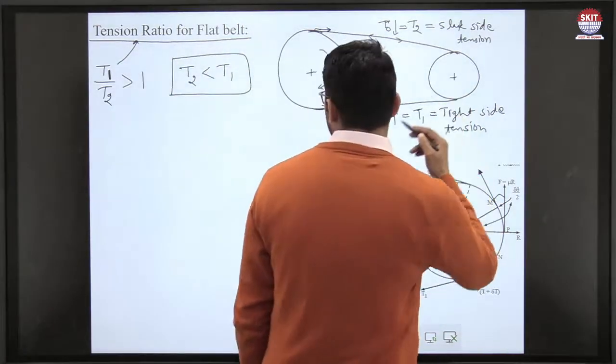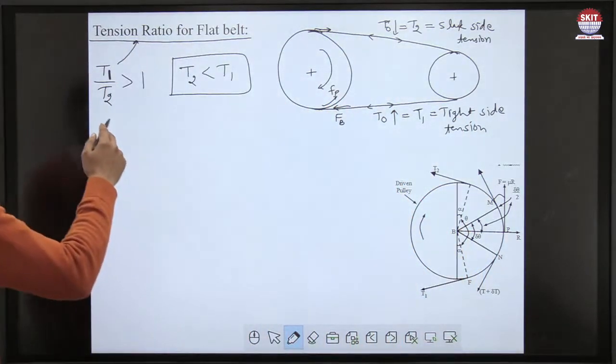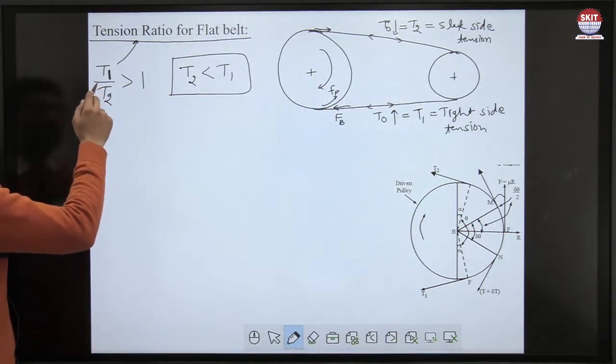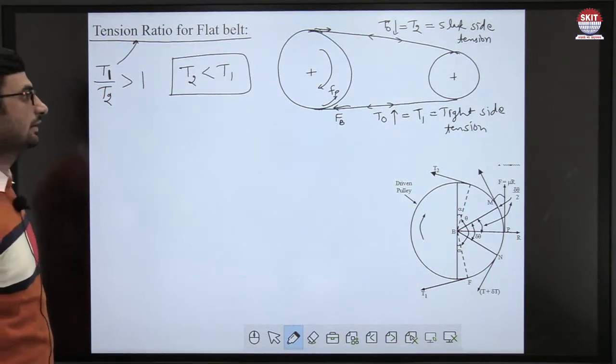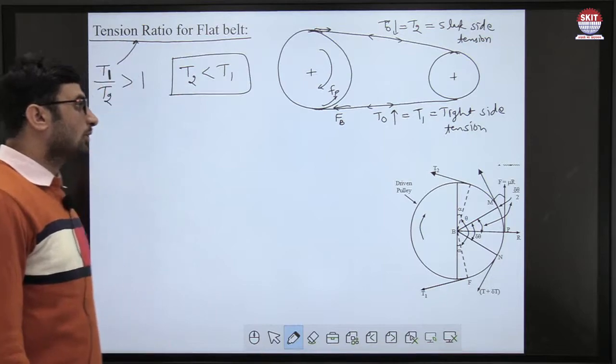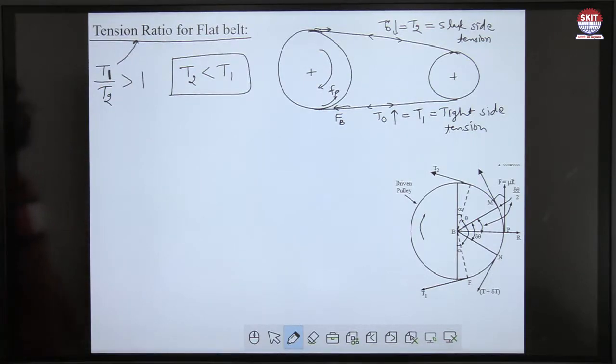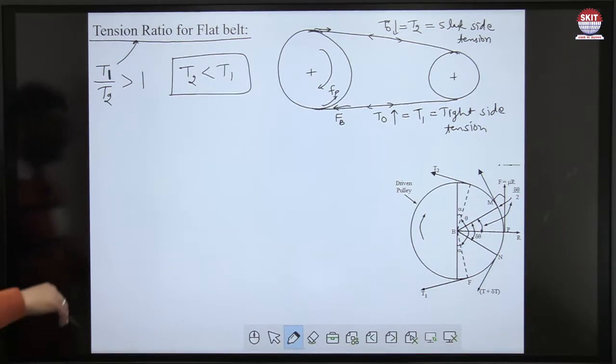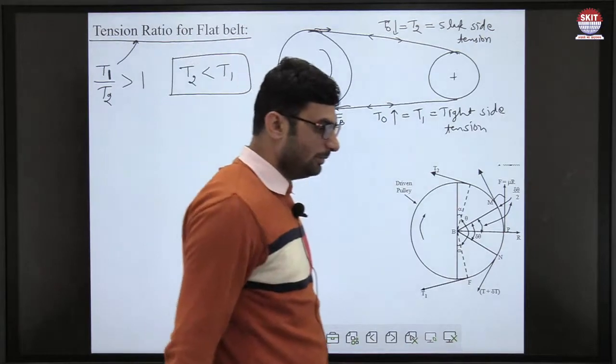Now we find the formula for the tension ratio T1 upon T2 for a flat belt. There are two different formulae, for flat belt and V belt. First, we derive the formula for flat belt, and after that we derive the formula for V belt.